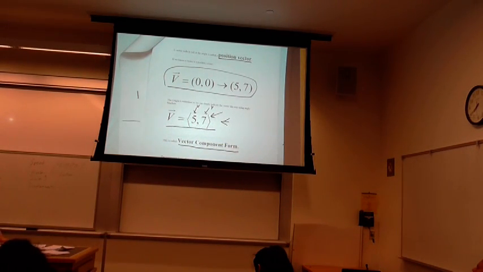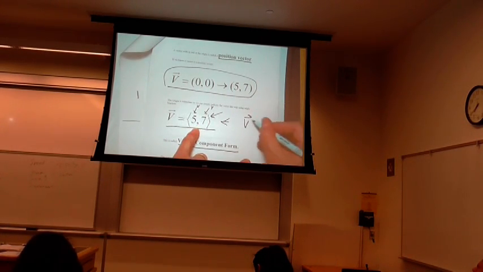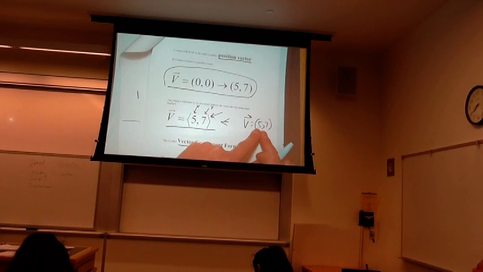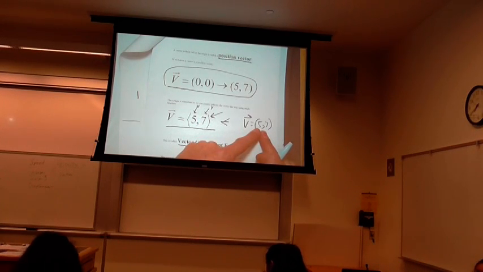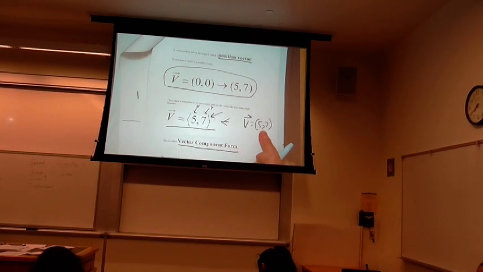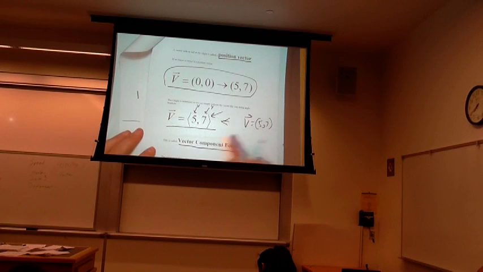You will at times find books that will simply write V equals parentheses 5, 7, which can be confused with a point, right? This is an ordered pair, represents a point. It could be an open interval, right? I mean, we reuse the notation, so you have to understand the context.